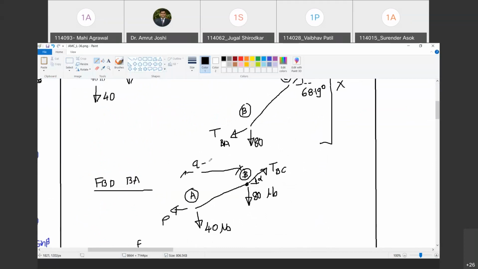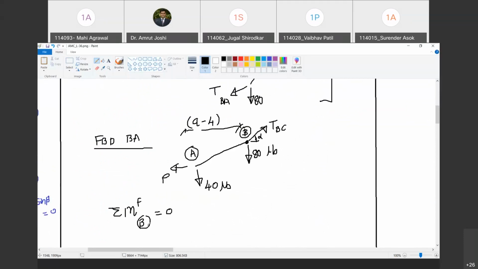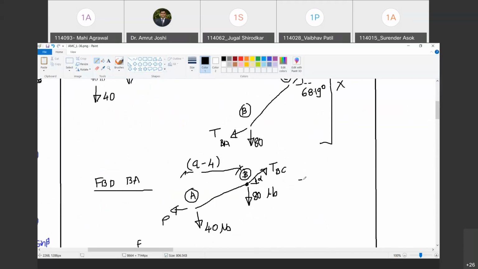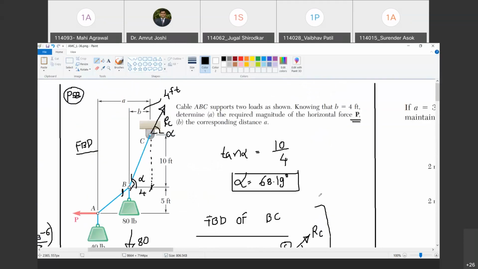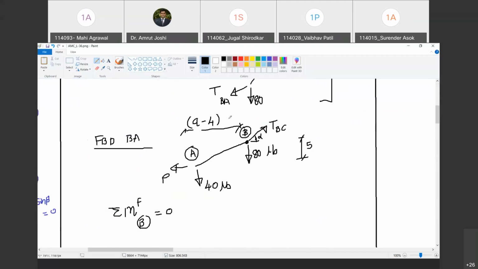And what is the vertical distance between these 2 points? Vertical distance between these 2 points is 5 feet. Are you with me?